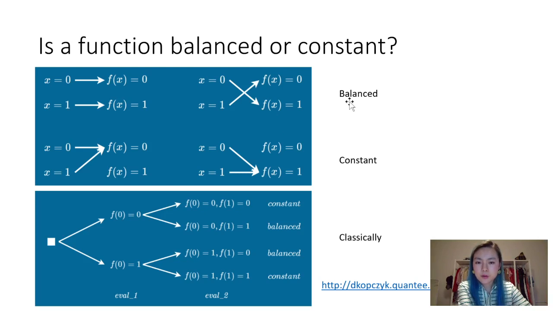If a function is balanced, it's either when x is 0, f of x is 0 and 1 goes to 1, or 0 becomes 1 and 1 becomes 0. This is a one-to-one function. But if it is constant, say it always becomes 0 no matter your input, or it always becomes 1, both cases tell you the function is constant.